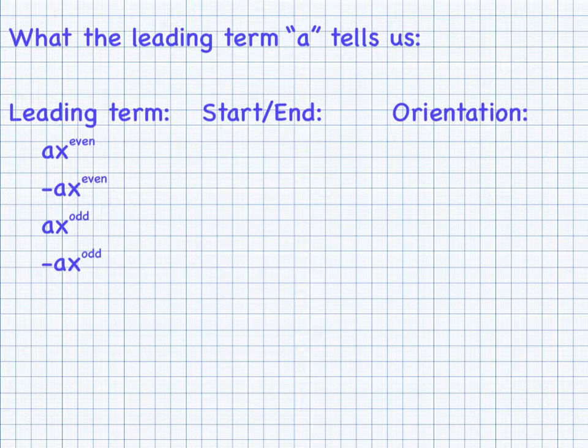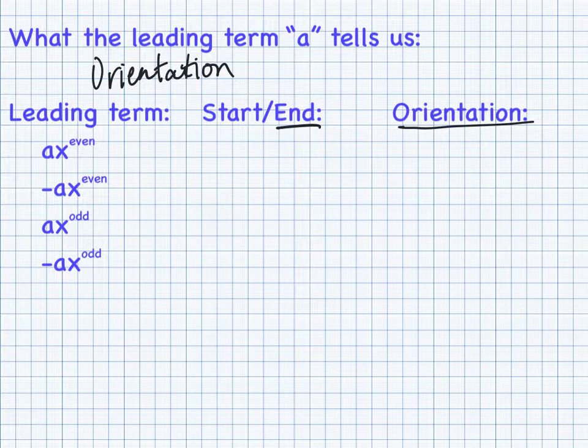All right. When we talk about the starting and ending direction, what A tells us is our orientation, which has all to do with the end direction. If the end direction is up, the orientation is positive. If the end direction is down, the orientation is negative. If A is positive, the end direction is up.